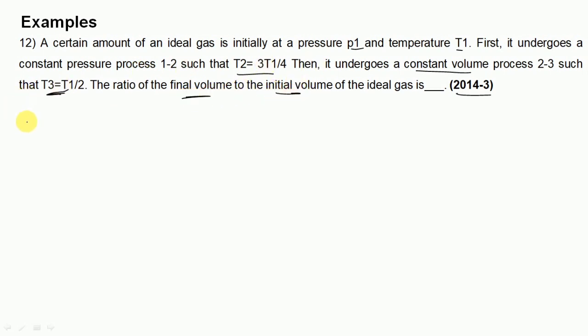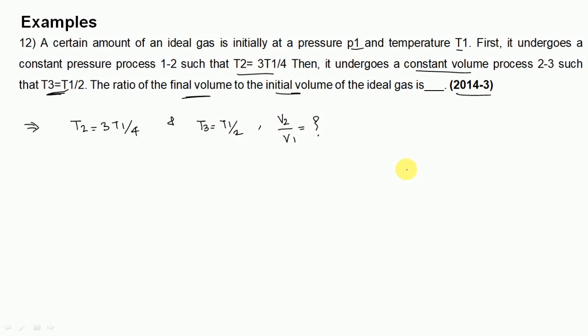So from the given data, the relations are P2 is P1 by 4, and the second relation is T3 is equal to T1 by 2. And you need to find the ratio between the final volume V3 and initial volume V1.